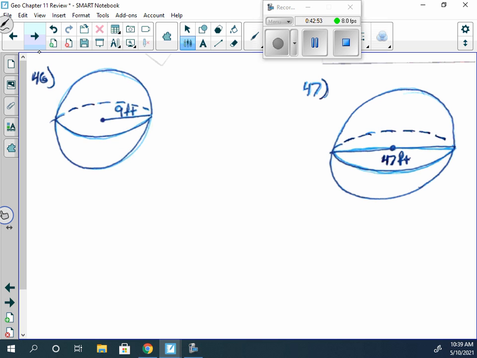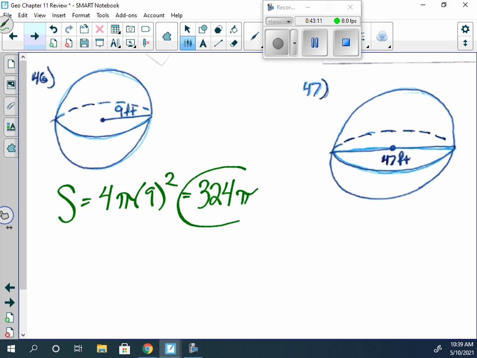So for 46, if we wanted to find its surface area, we would plug it in as 4 times pi times 9 squared. So it'd be 324 pi units.